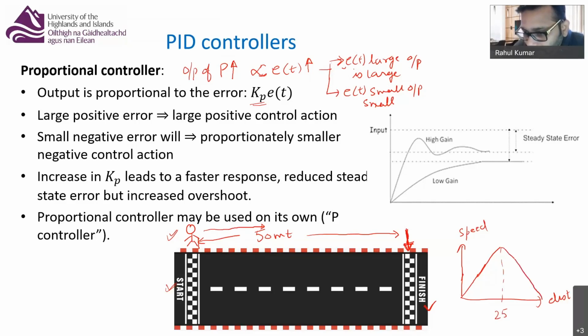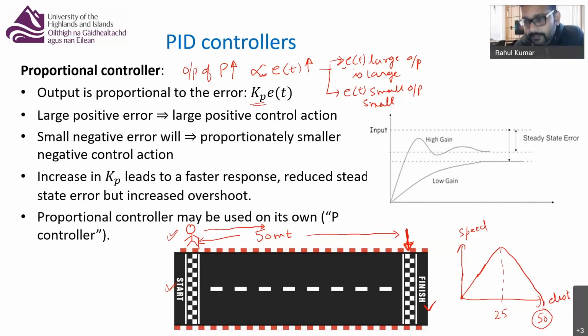So that after reaching 50 meters, it stops exactly. Initially, because the error was maximum, the speed of the person is increasing. After crossing the midpoint, the speed should start reducing to stop exactly at 50 meters.